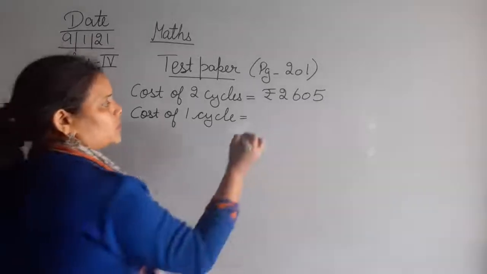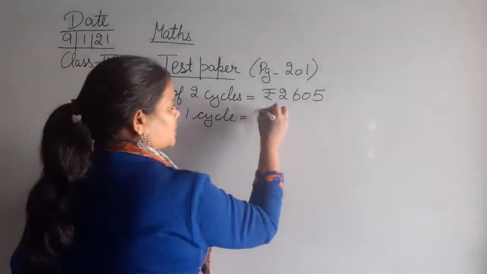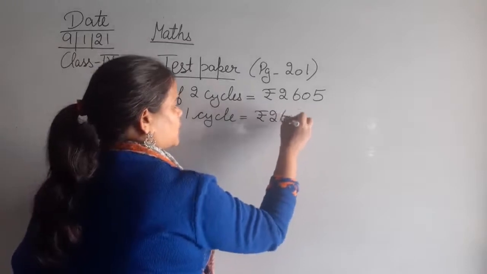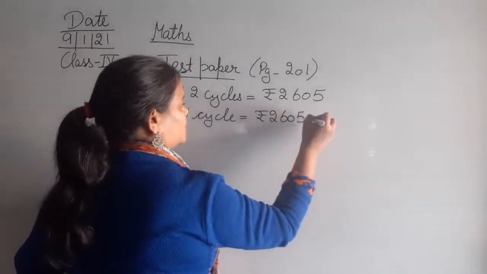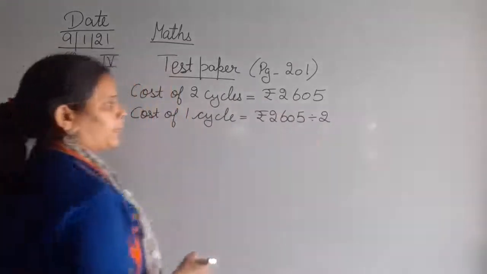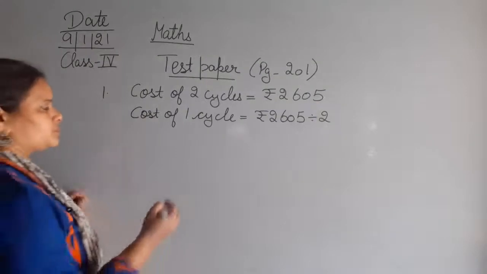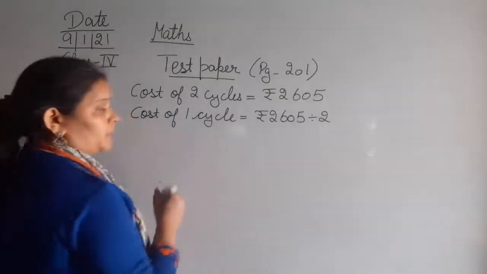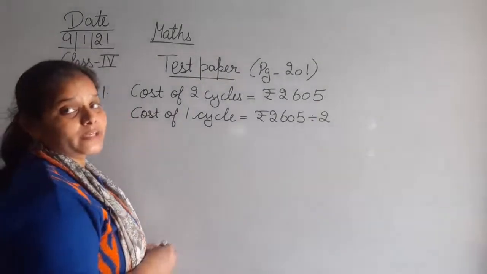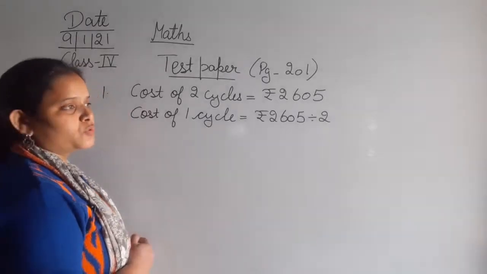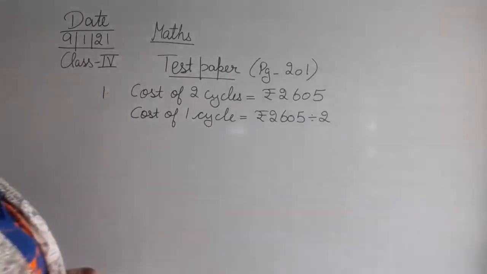So let's divide rupees 2605 with 2. One important thing: you must show the calculation properly. So most of you, what do you do in the examination? तो आप लोग क्या करते हैं?